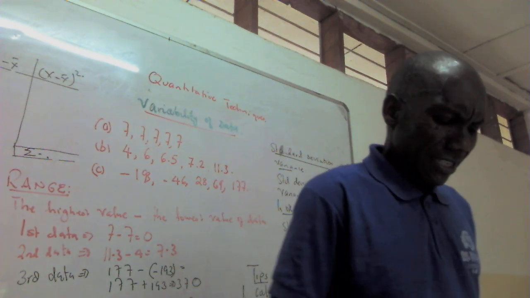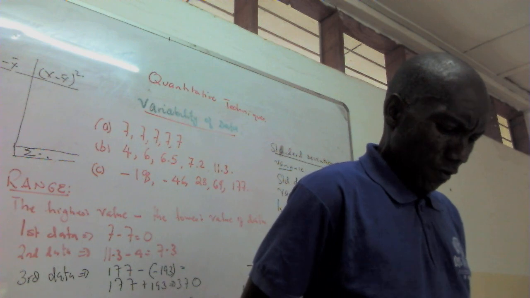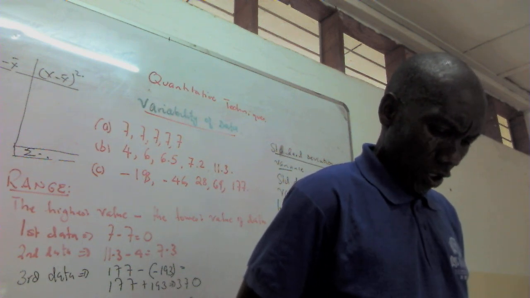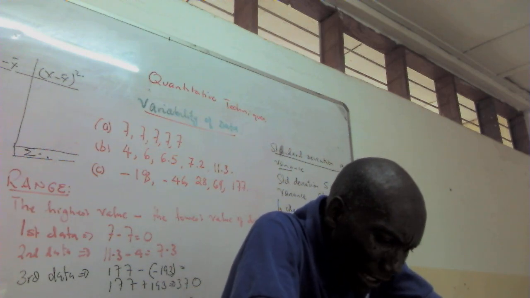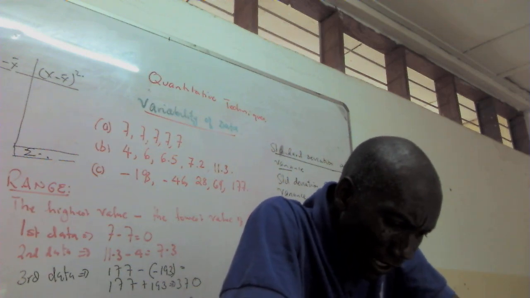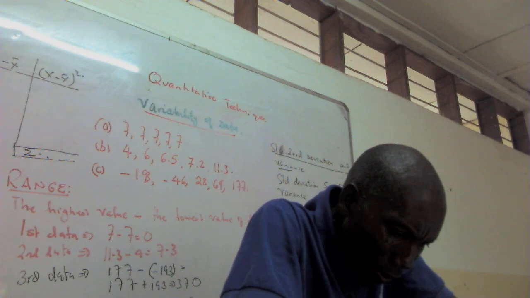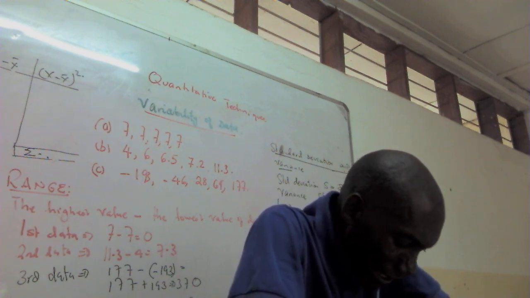Then the last step, finally you need to find the standard deviation. So finally, you take the square root of the variance to obtain standard deviation.